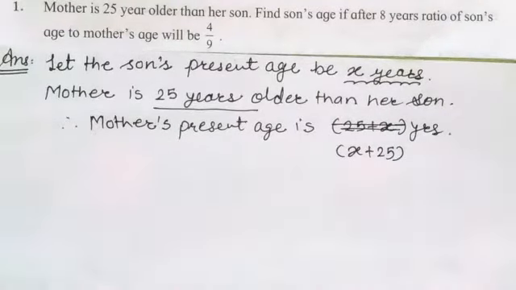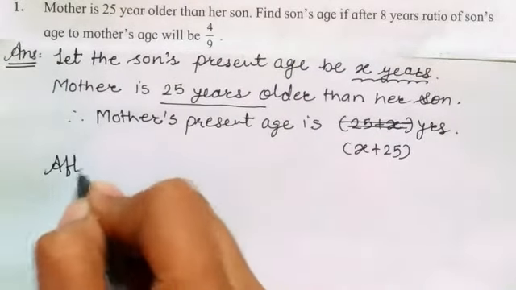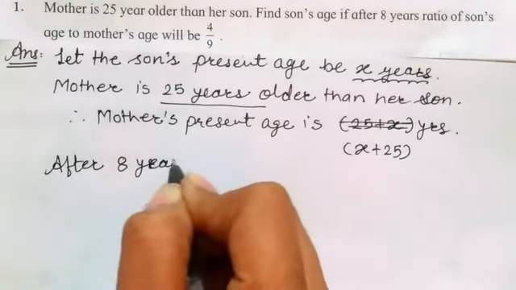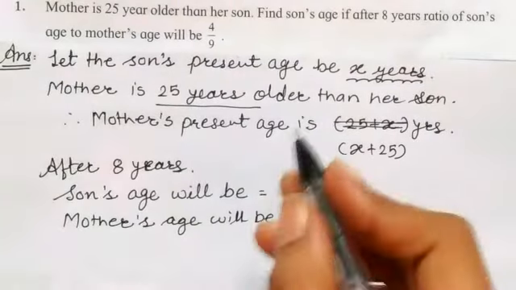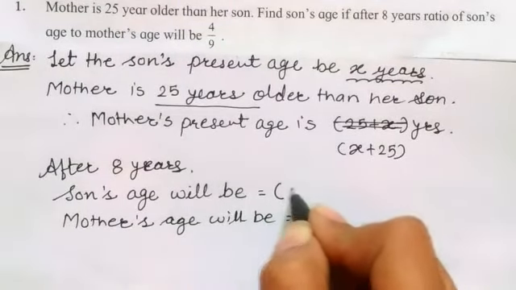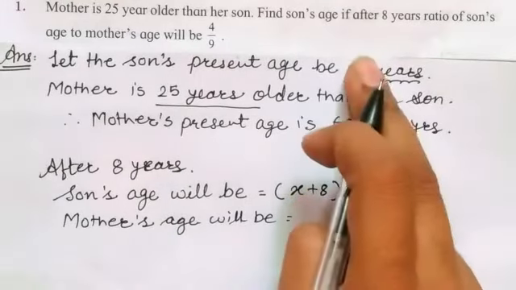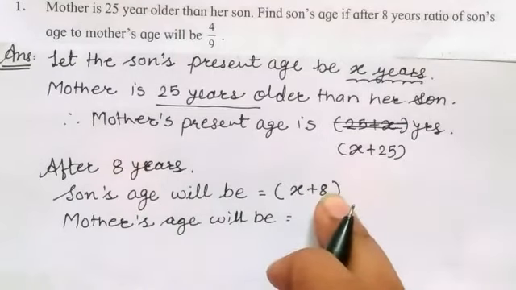Okay, students? Now, the story after 8 years. Son's age will be x plus 8. x is the original age which we have assumed, plus 8, because after 8 years we are calculating.